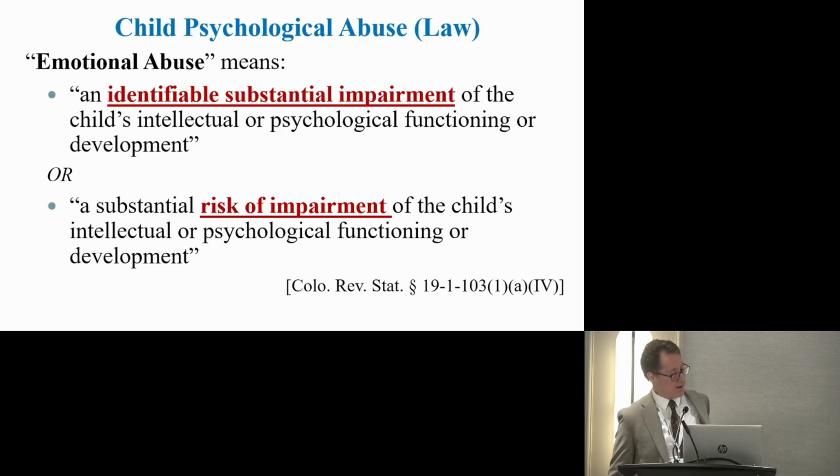But in Colorado and in my state of Michigan, we have similar statutes. And in this particular case, emotional abuse means either an identifiable substantial impairment to the child's intellectual or psychological functioning or development, or a substantial risk of impairment to the child's intellectual or psychological functioning or development.